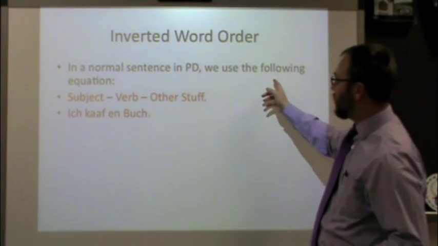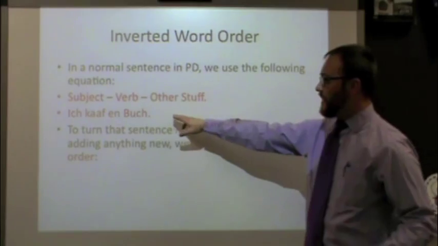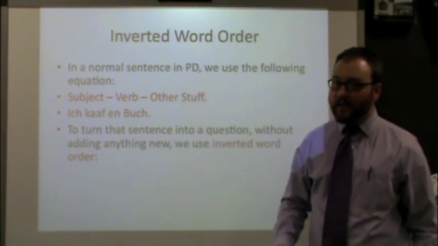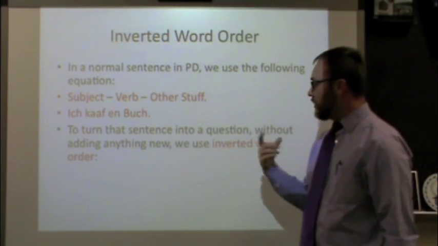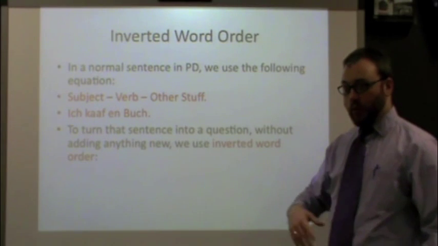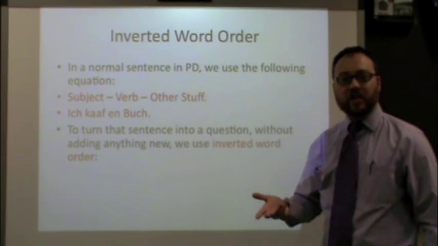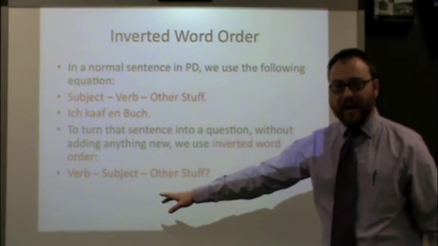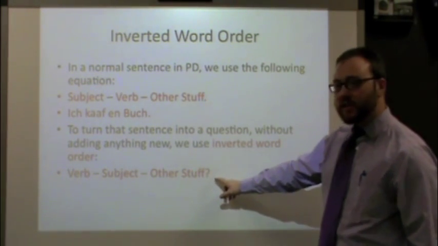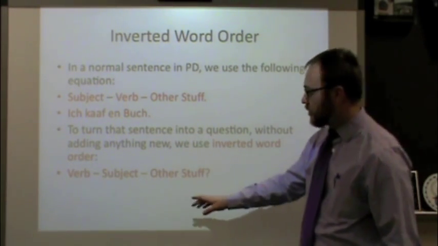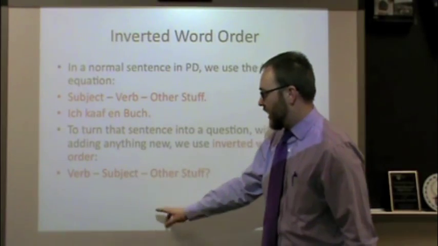Now, to turn this sentence into a question, without adding anything or taking anything away, we can use what's called inverted word order. You can figure out from the word inverted that we're going to be changing something. All we do is flip the verb and the subject. So when asking a question using the inverted word order method, your sentence structure will be verb, subject, other stuff.